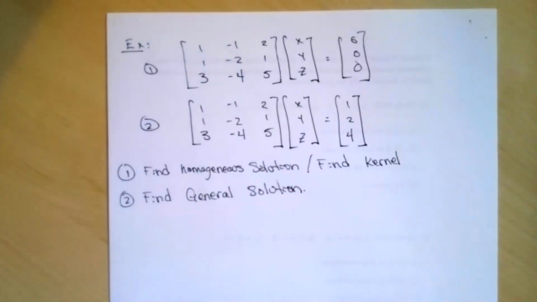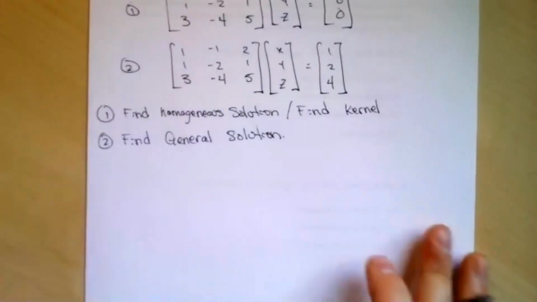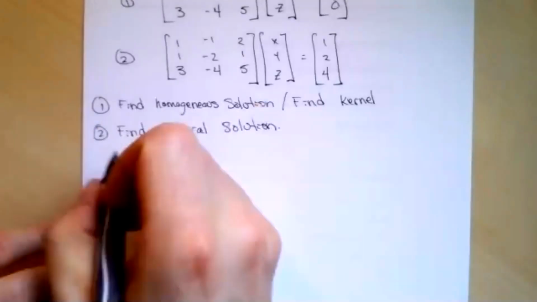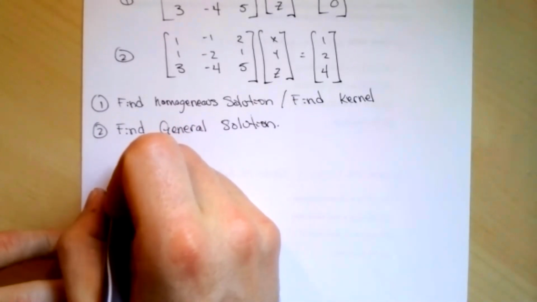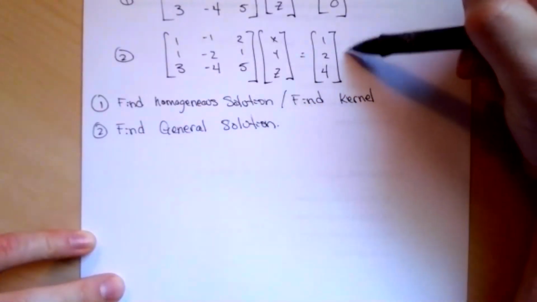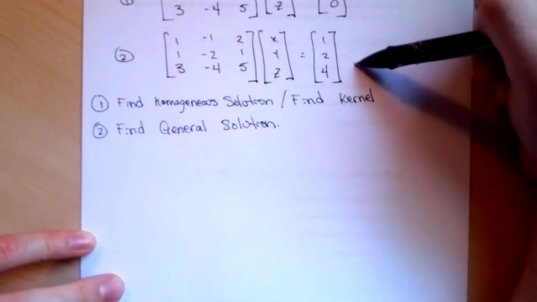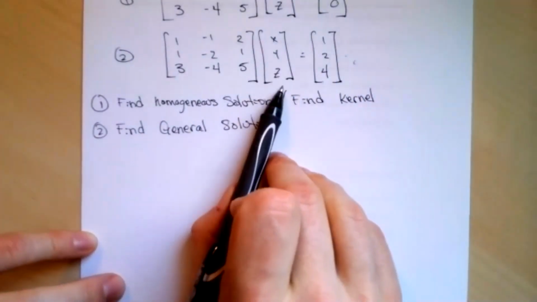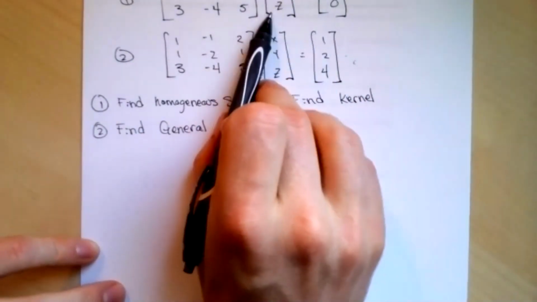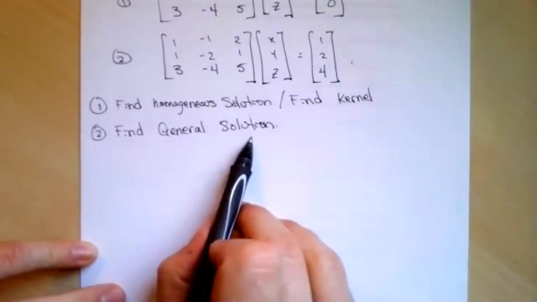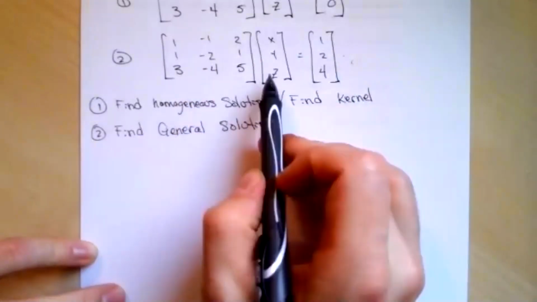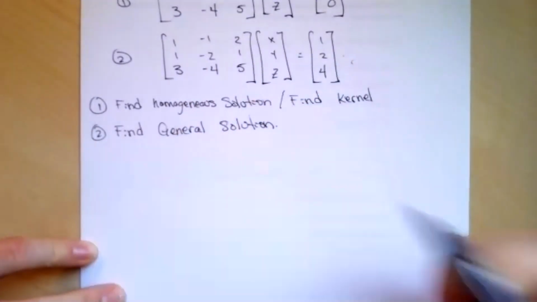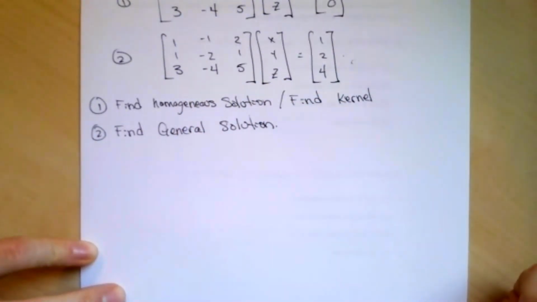And we're running out of time, so let's try to do our computations real quick. Of course, what does this boil down to? This boils down to row reduction. And I guess I should specify that it doesn't matter which order we do these in. We can find a specific solution first, then find the kernel, and then write the general solution. Or if we wanted to find the kernel first and then find a specific solution, then find the general solution.